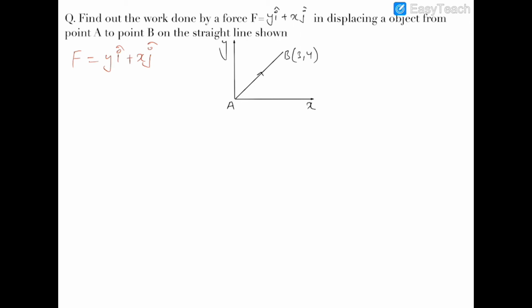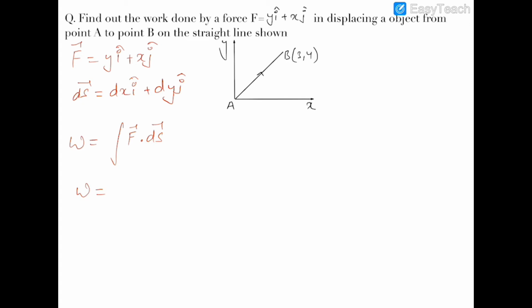Now this displacement ds will be dx i cap plus dy j cap, and work done will be integration of F dot ds.